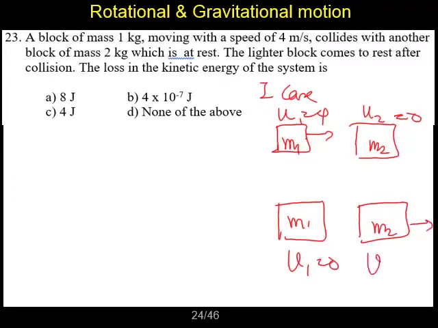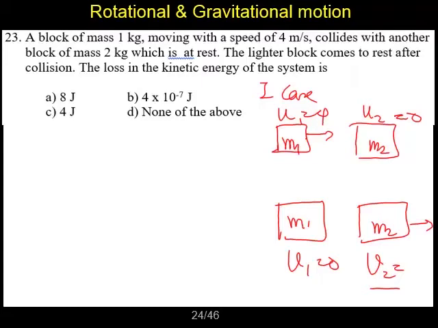So here we can say v1 is 0. We can use the conservation of momentum to calculate v2, and then we can calculate the loss of kinetic energy, because the kinetic energy in the first case can be calculated from here, and the kinetic energy for the second case can be calculated from here.